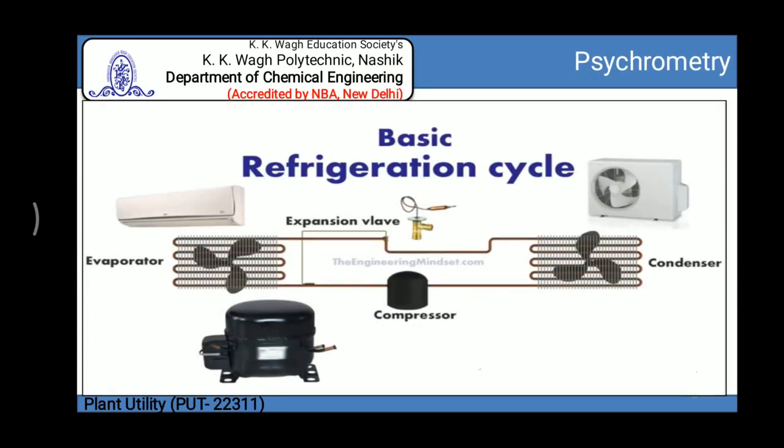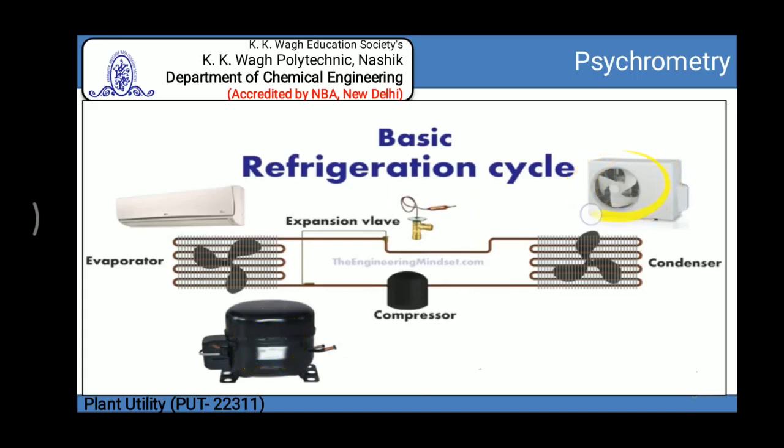The air conditioning system, which is mounted in our homes, in factories, in business places, consists of this kind of parts. This is a compressor which is used for the air conditioning system. This one is a condenser.